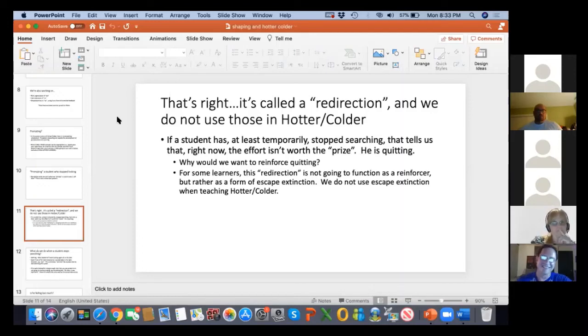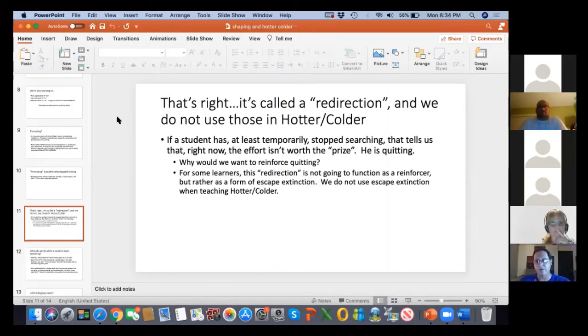Okay, yeah, I don't disagree. Let me just reframe it for you. Putting it as quitting is a good way of taking a jab at people that go back to slide 4 or 5, thinking that the real goal is the kid has to find the prize, I have to score a plus with this. I want to make it clear to them that we don't want to reinforce this kind of behavior.